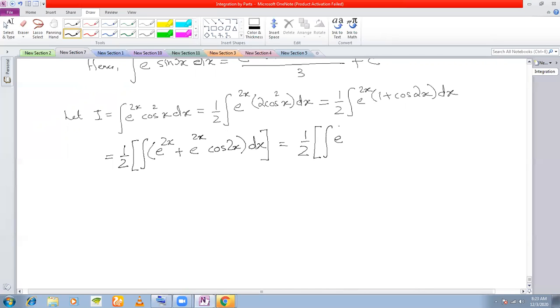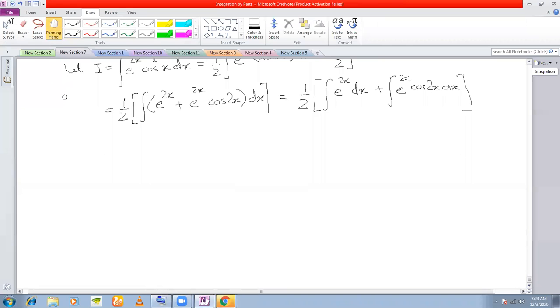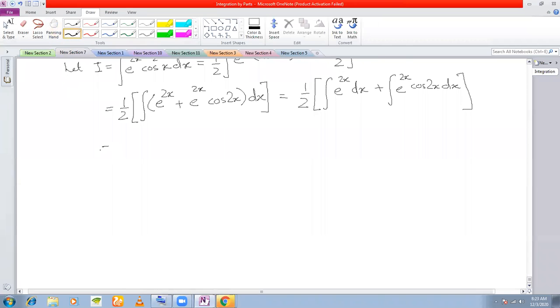You have integral e to the power of 2x dx plus integral e to the power of 2x cos 2x dx. Next, half. What is integral e to the power of 2x? It is e to the power of 2x by 2, right? Plus, now this one again, you integrate just like the previous one.